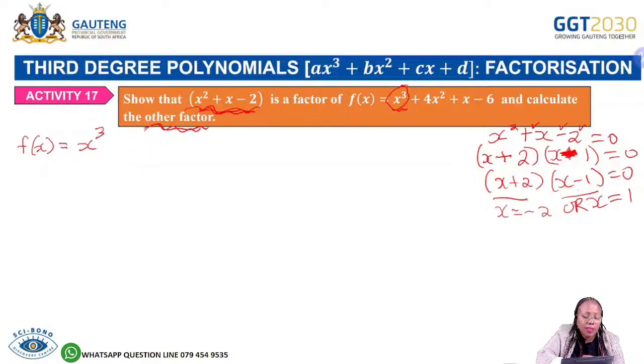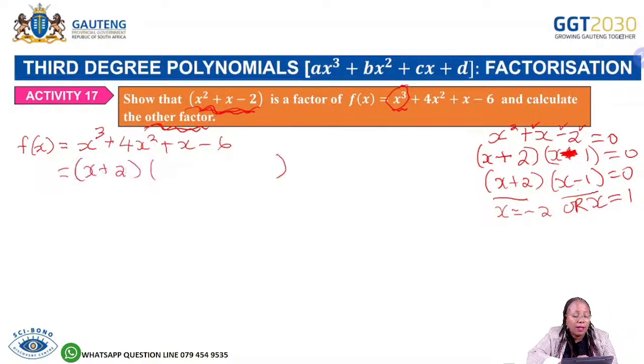Let's start by taking the trinomial x cubed plus 4x squared plus x minus 6. And then this learner took x plus 2 as the first factor there, and then tries to find the trinomial factor of this cubic. So it will be x cubed divided by x, that is x squared, plus bx, minus 6 divided by 2, that is a negative 3.